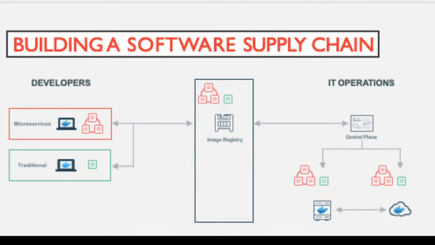The image registry that lies between the developer and the IT operations serves as a bridge between them, and that is how it will be possible to build a software supply chain.